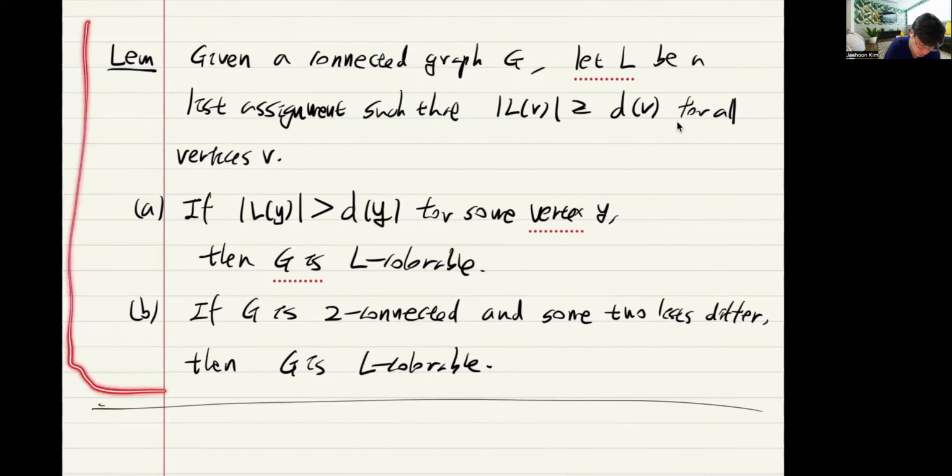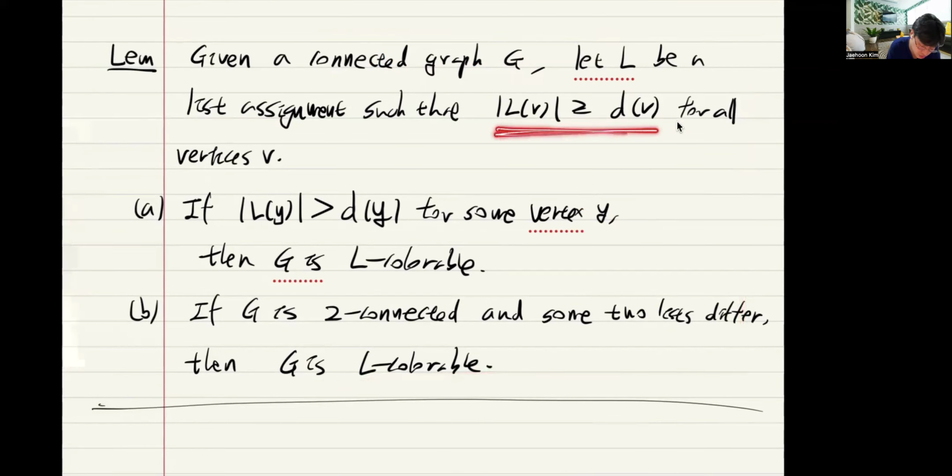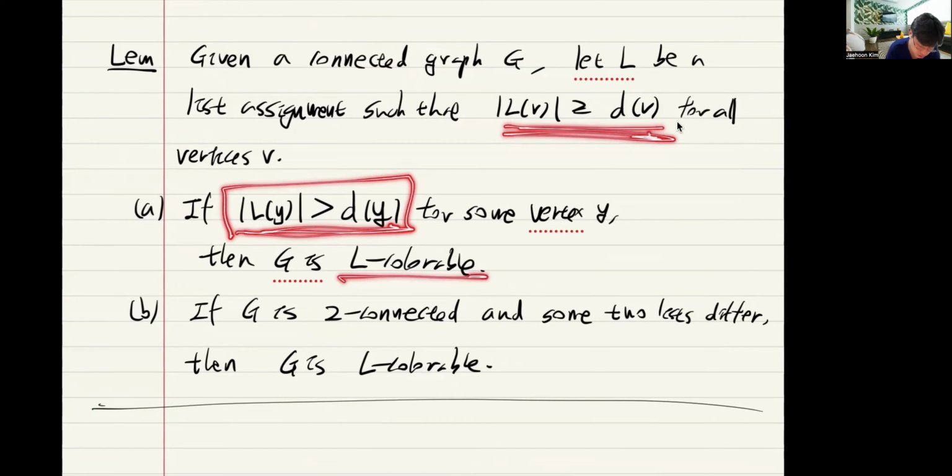For that, we first proved this lemma: if a list is given that gives more than degree many colors at at least one vertex, and at the rest of them as many as degree many colors available at that vertex, then it is L-colorable.